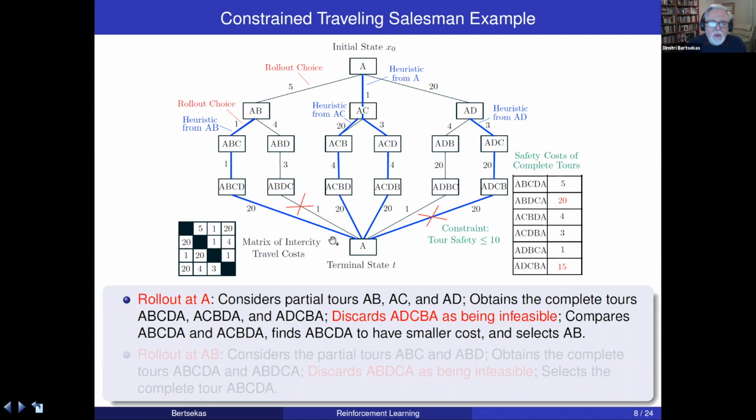Compare this one and this one, and find this one here to be better, and we select AB. So we're now done with the first step of rollout. Is this clear? Is there some question?